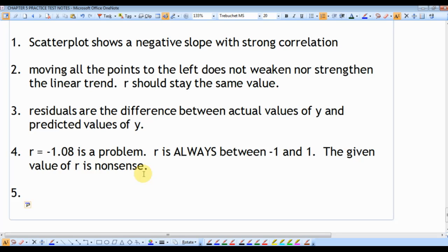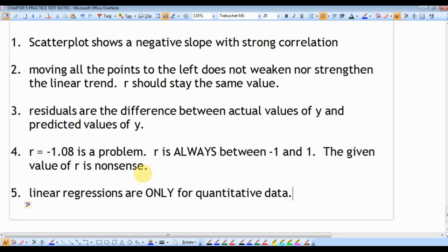Number 5. A researcher finds a correlation between greed and superciliousness to be -0.4. So the problem with this one is that linear relationships are only for quantitative data. Always.